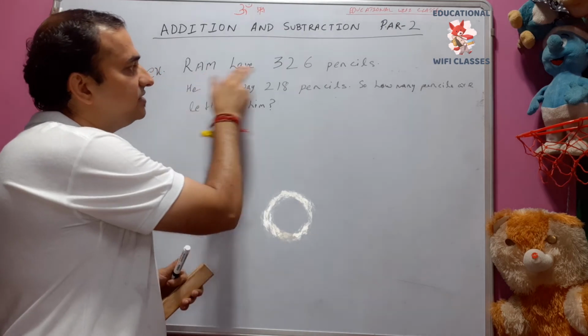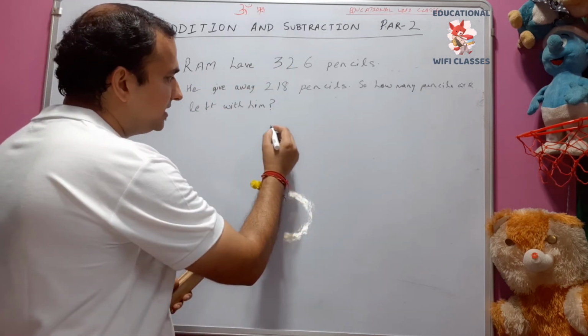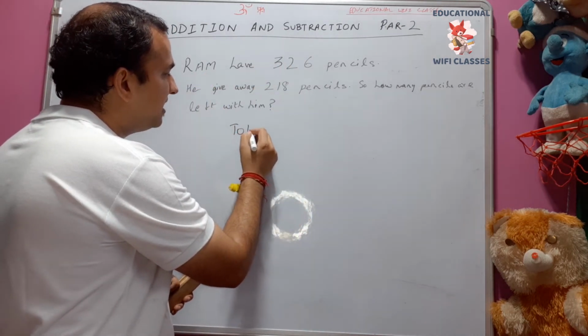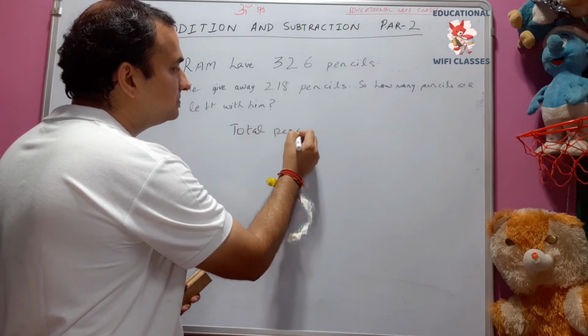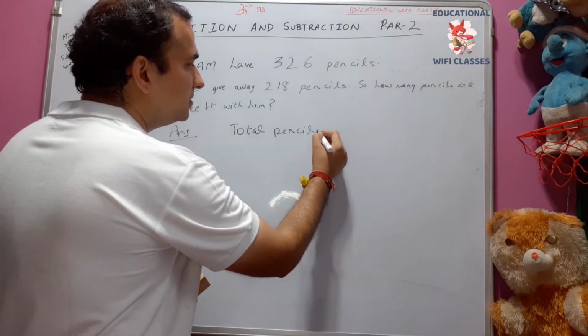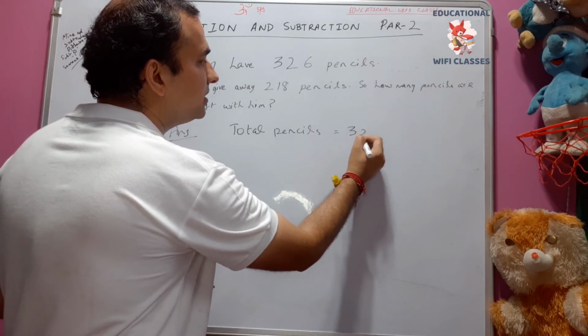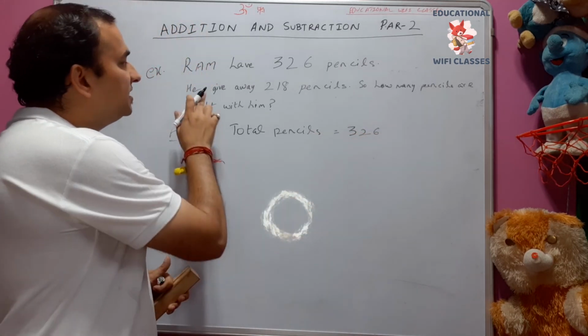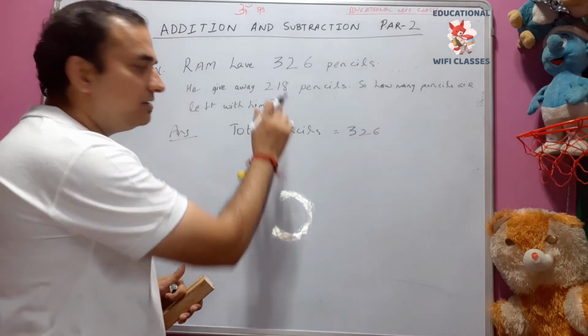So Ram is having 326 pencils. So we'll just write down total pencils. How many does he have? Total pencils, this is the answer, is equal to 326. Then he gave away how many pencils? 218 pencils.